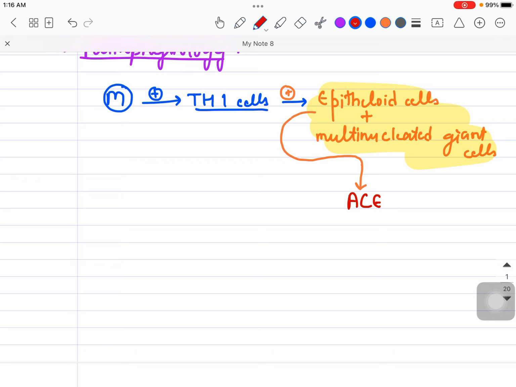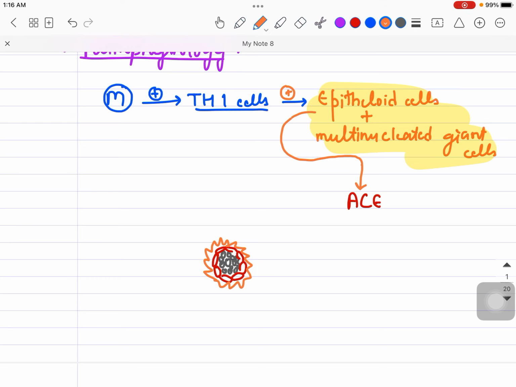Let's say it is something like this. These will be the macrophages inside, and around the macrophages you will see the epithelioid cells. Then with a different color you can see the lymphocytes, something like this.